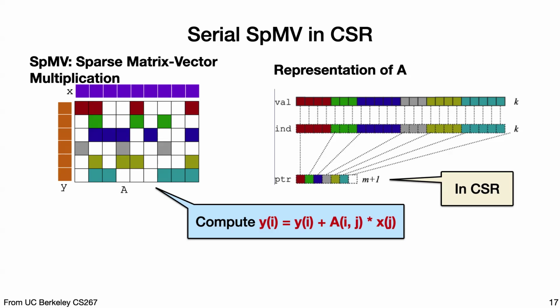So suppose we have matrix A in CSR, and the vectors are dense, X and Y. When you compute the dot product of any row of A and the vector X, the only things that are going to go into the dot product are the entries where A actually has something in that row. And so ideally, we would like to only iterate through these real entries of A.